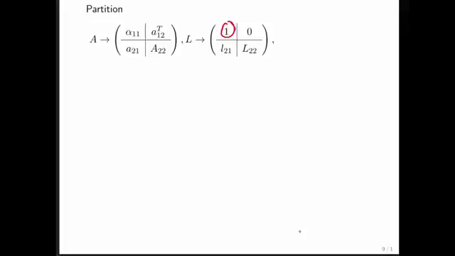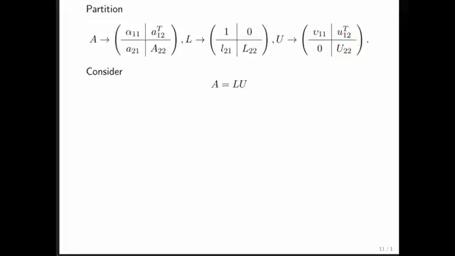Because L is unit lower triangular, L22 is itself also unit lower triangular. And then we take upper triangular matrix U and partition off its first entry, which means there are zeros below that. And U22 is itself an upper triangular matrix. If you think about it for a second, you'll come to that conclusion.